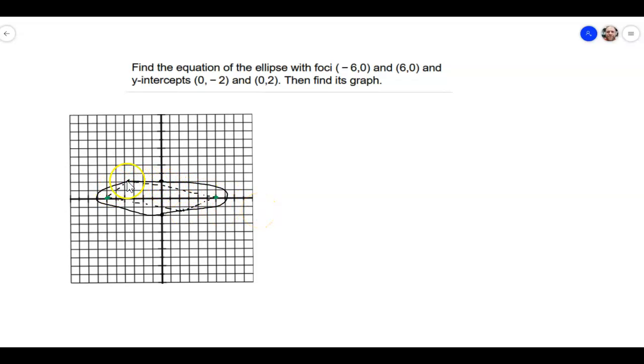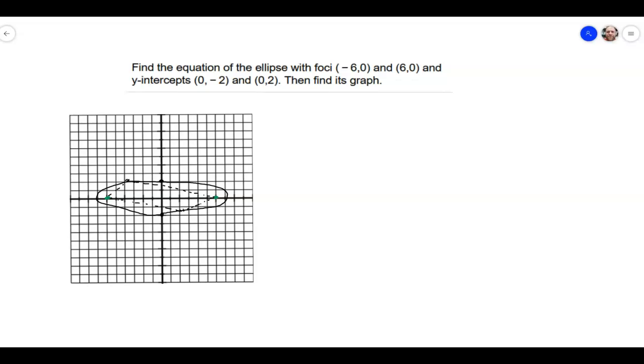That is one way that we can define an ellipse. That's the same for every single point on it, and that sum is actually going to be equal to 2a.